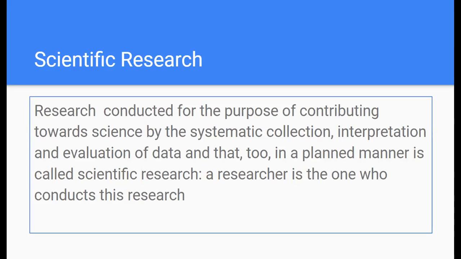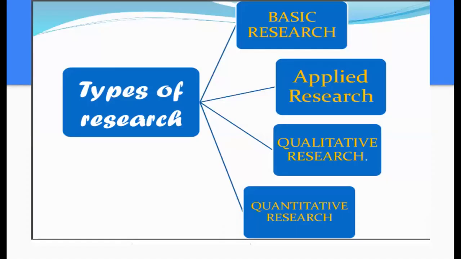Now, a researcher is one that conducts that research. Okay, now, when we explain the different types of scientific research, we have basic research, applied research, quantitative research, and qualitative and quantitative. Regardless of the discipline, I know some people are coming from biological sciences, physical sciences, medicine.